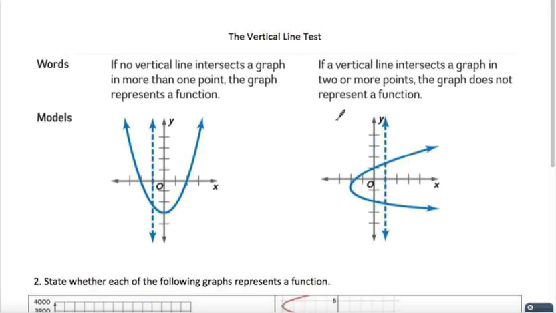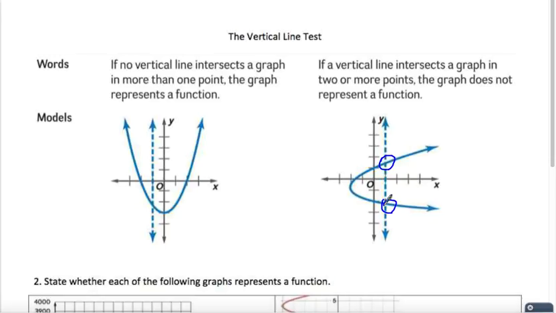So one way to tell if it's a function based on a graph is if it passes the vertical line test. So if a vertical line intersects a graph in more than one point, then that graph is not a function. So on the left, the vertical line only intersects once, so that one is a function. But on the right, obviously, any vertical line would intersect the function twice. And you can connect this back to the definition.